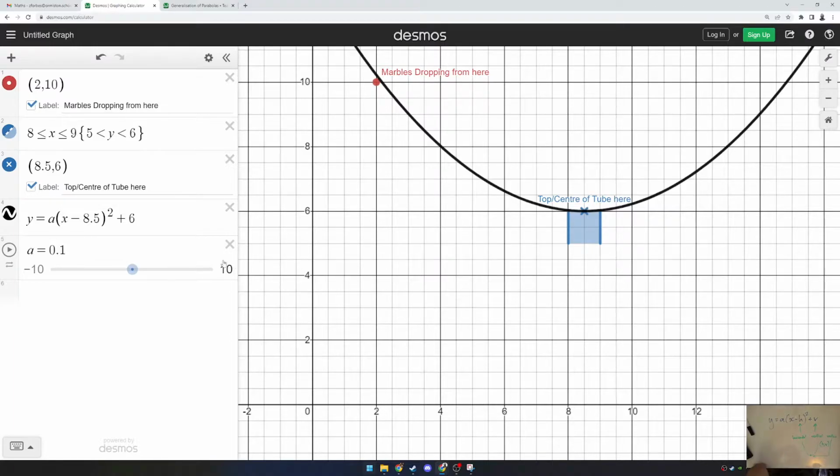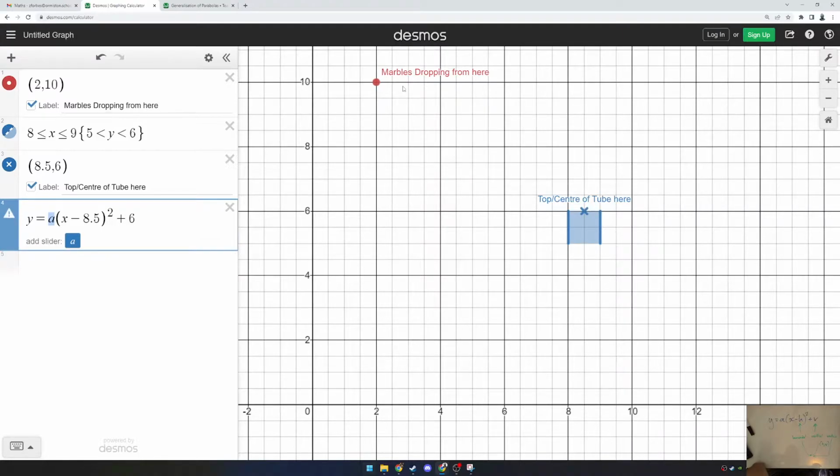We can actually use any other coordinate other than the vertex, and substitute it into this equation to find our unknown scale factor rather than using a slider to do so. The coordinate people would tend to use would be this coordinate here, which is (2, 10). But actually our marbles are dropping from (2, 10), so we probably want a coordinate that's a little bit below that.